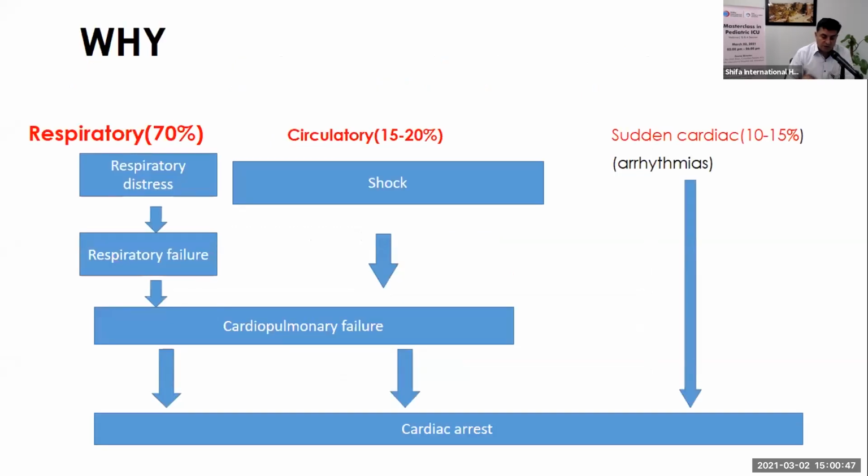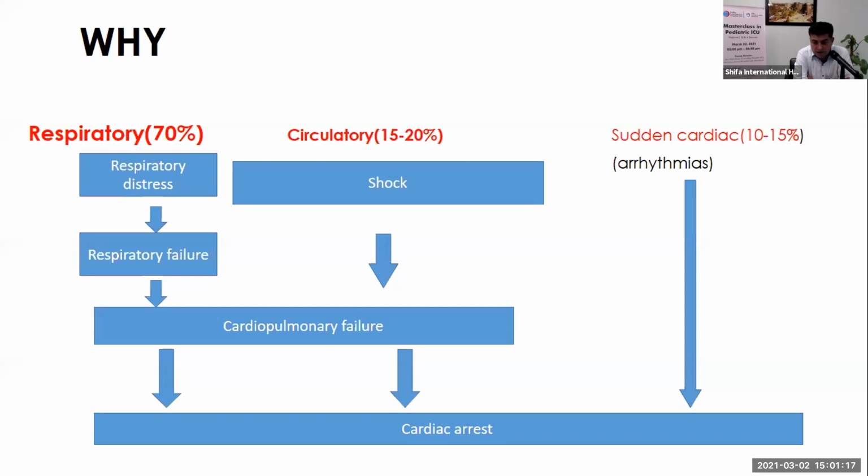So why respiratory failure? We're discussing that. As we know, if we talk about inpatient cardiac arrest in pediatrics, in contrast to adults, most of the adult cardiac arrests are due to arrhythmias, and it is usually sudden. That's why the cardiovascular part becomes very important in adults. But in contrast, in pediatrics, 70% of our cardiac arrests are due to respiratory failure, actually.